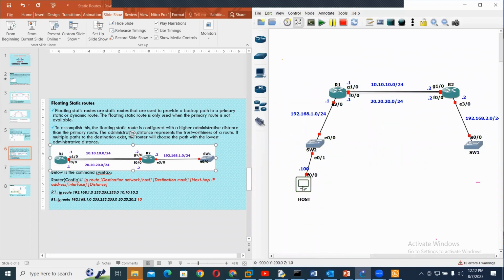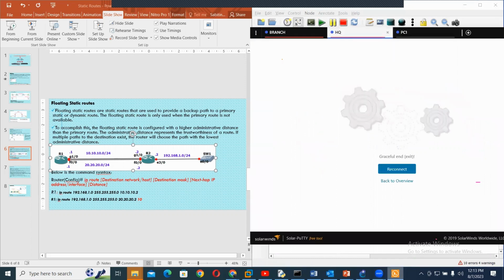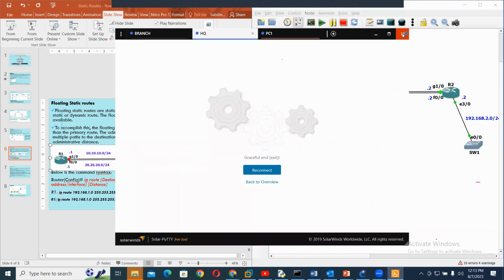I've just added this because I want to trace route to check which path will be used. Let's open the console of router 1.